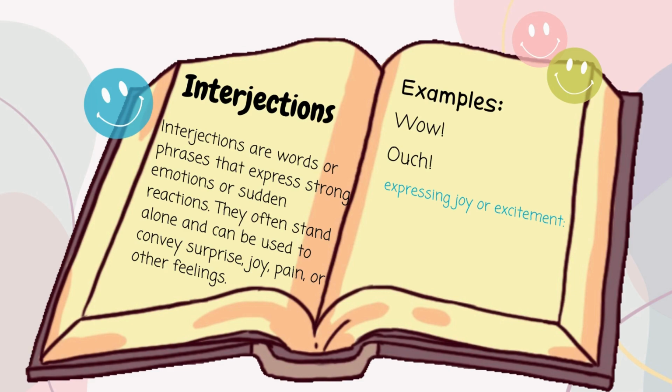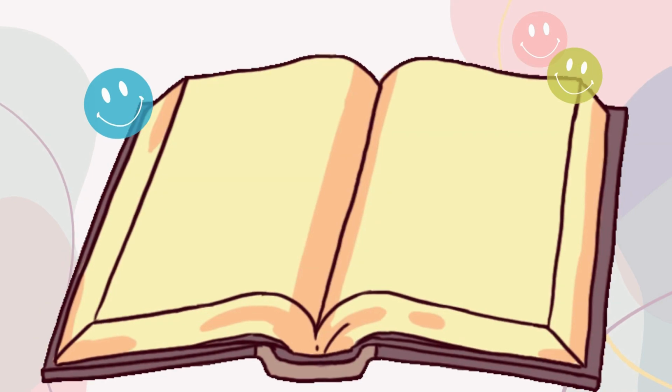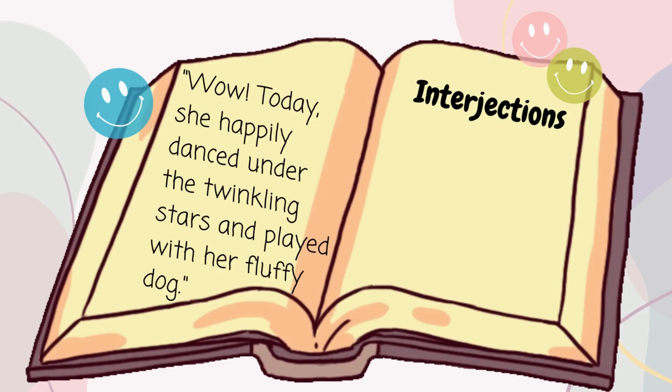Expressing joy or excitement, yay. Expressing mild embarrassment or mistake, oops. Expressing realization or understanding, ah. Now time to find the interjections of the following sentence. Wow is the only interjection in this sentence.